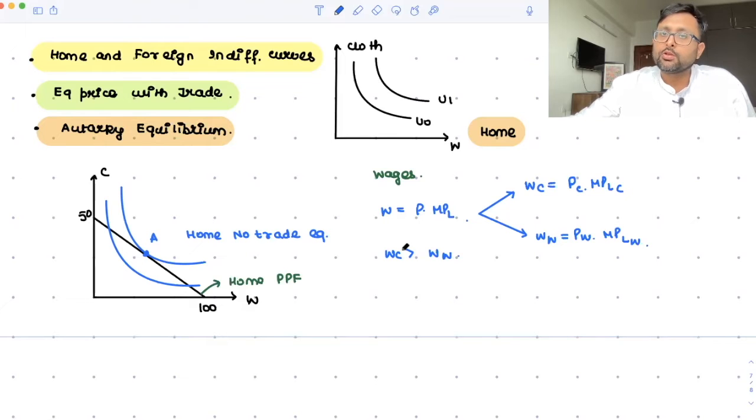So the labor is also completely homogeneous. Wherever the labor is going to get the better return, labor is going to move towards that industry. So wages will be equalized across the industries. That is also correct.